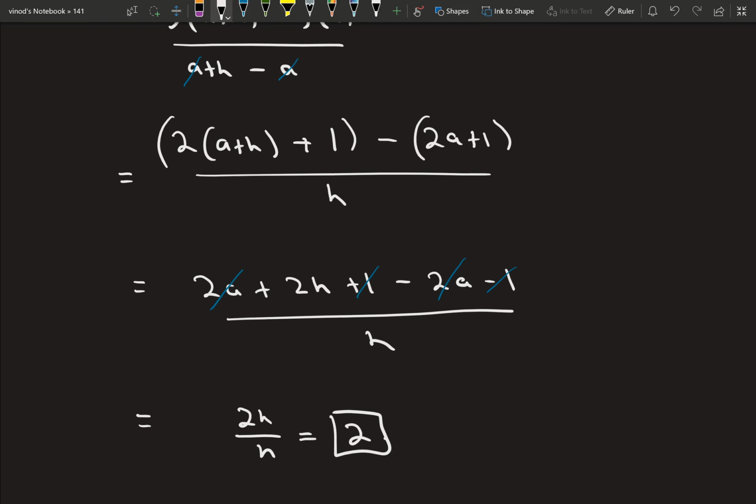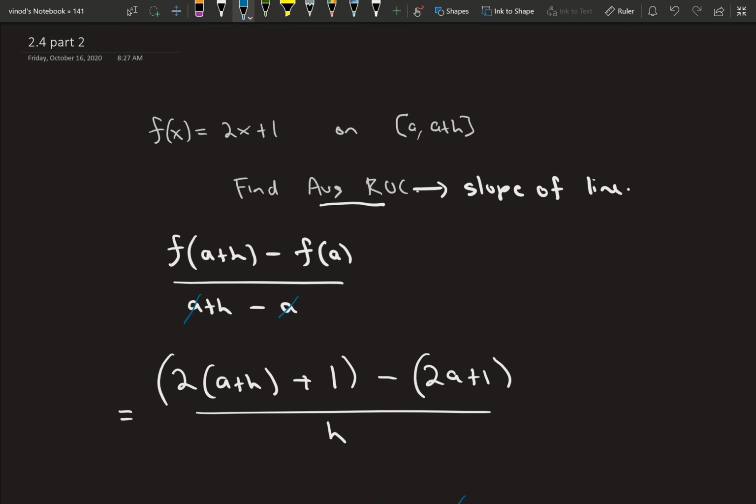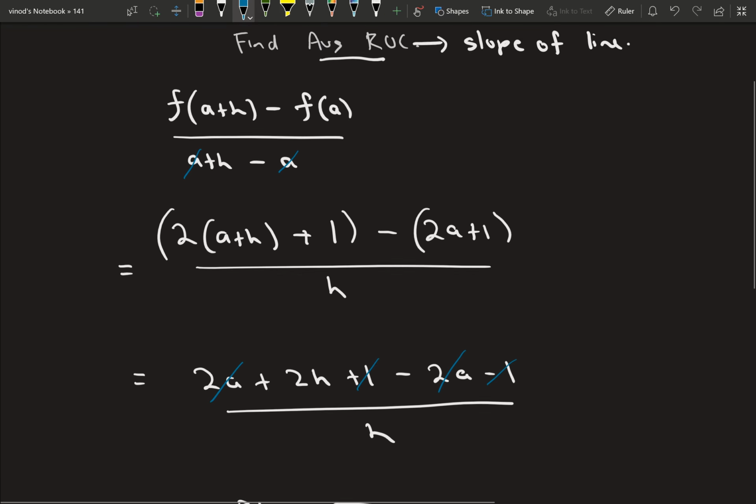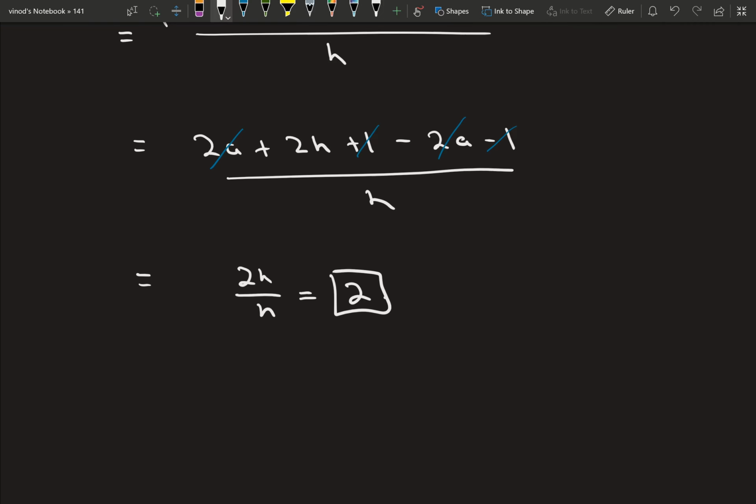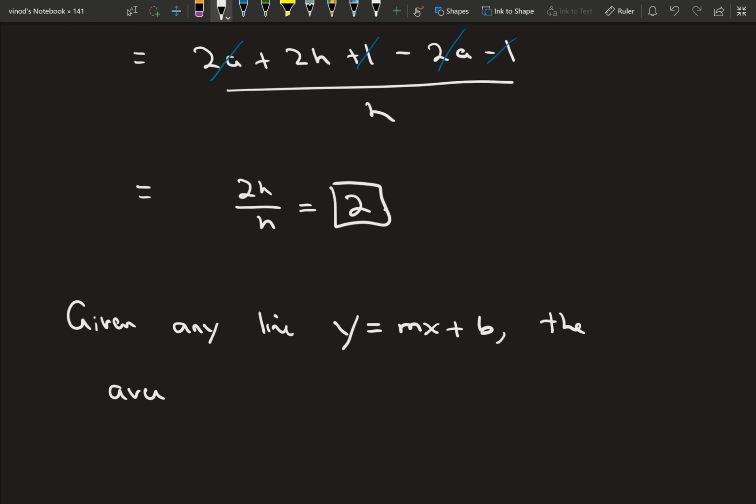And notice that this corresponds exactly to the slope right here, which is 2. And that's no coincidence. So given any line, and we'll say it's in the form y = mx + b, the average rate of change is equal to the slope m.